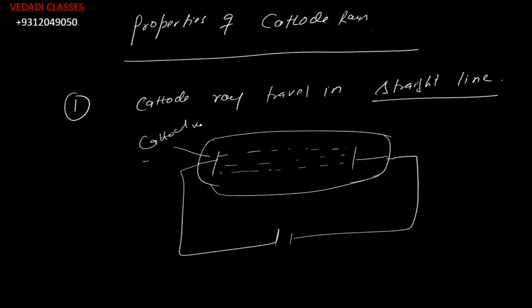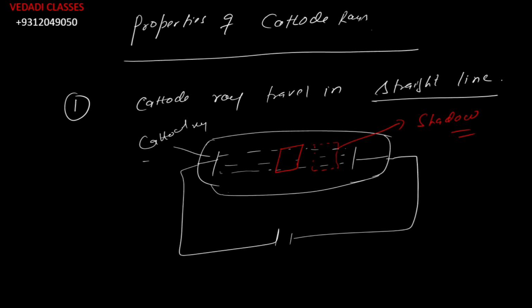So this is the cathode ray. In the way of the cathode ray, we put an obstacle. So what you observe is that it makes a shadow.